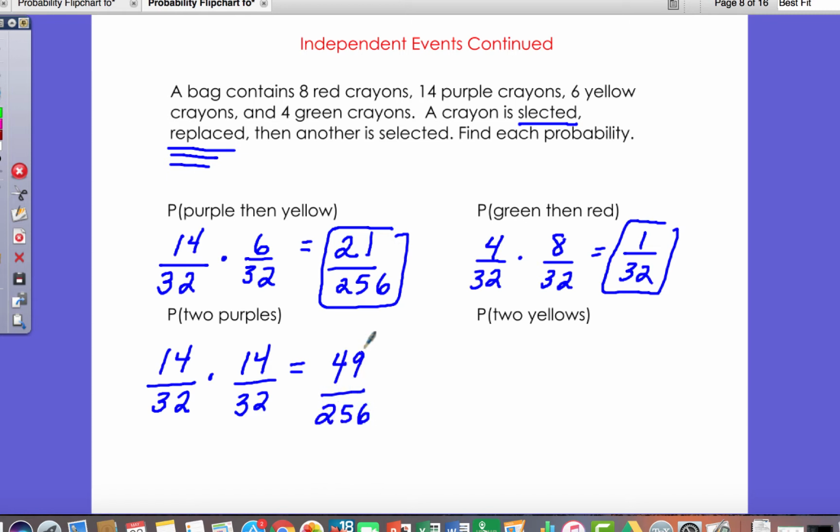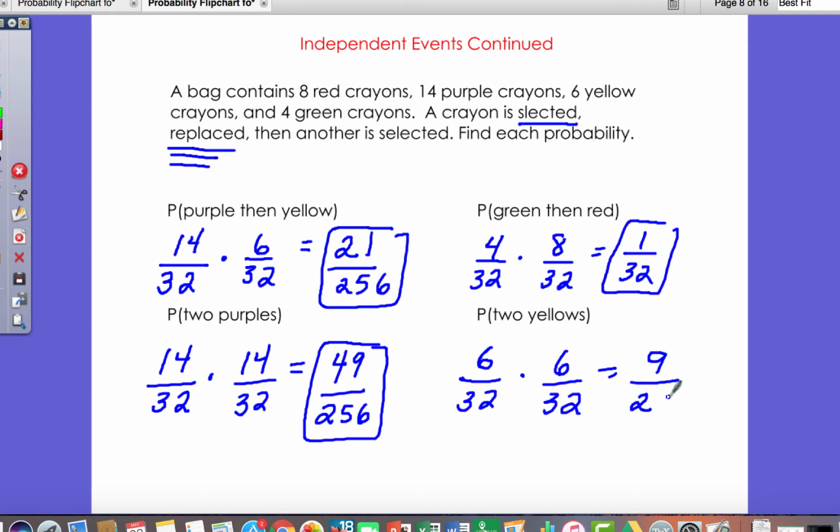Our last problem on independence, similar to 2 purples, is drawing 2 yellows. You get 6 out of 32 times 6 out of 32 because it's 2 yellows with replacement. When you multiply those out, you can simplify to 9 over 256. So that's the probability that you're going to pick 2 yellow crayons with replacement.